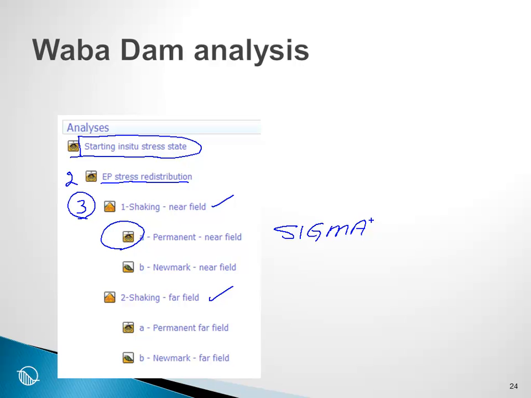For illustrative purposes, the example also contains a Newmark analysis just to demonstrate that a Newmark analysis in this particular case would say that there is no permanent deformation. So once again, there were 2 earthquake records, and so we have two permanent displacement computations and two Newmark type analyses.